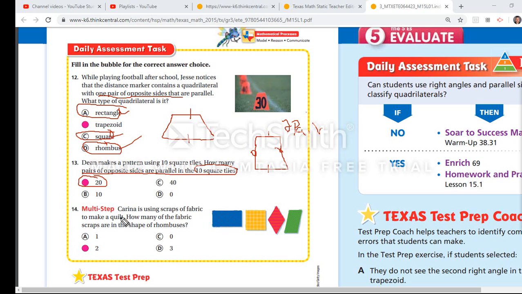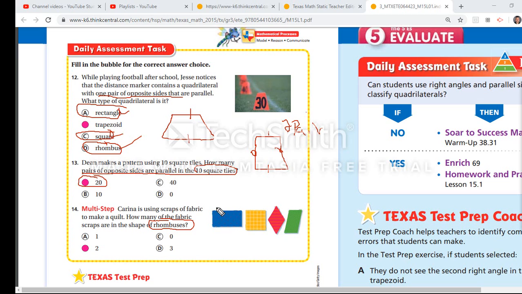Again, for the same one, Karina's using scraps of fabric to make a quilt. How many of the fabric scraps are in the shape of rhombuses? Rhombuses have all four sides that are the same length and two pairs of sides that are parallel to one another.